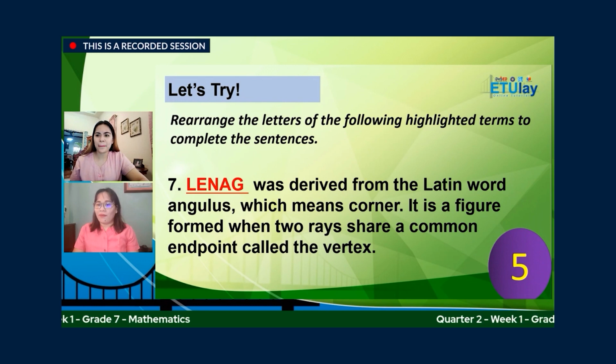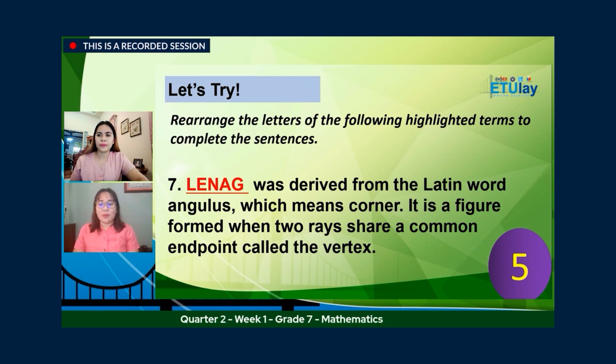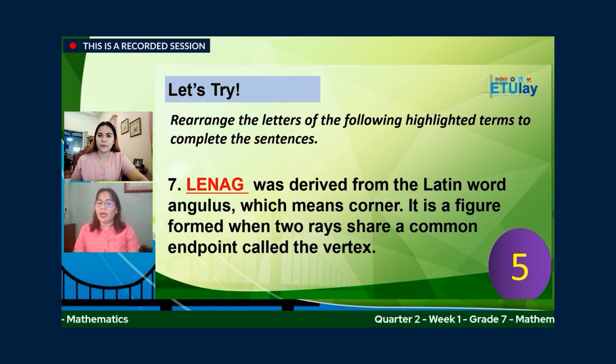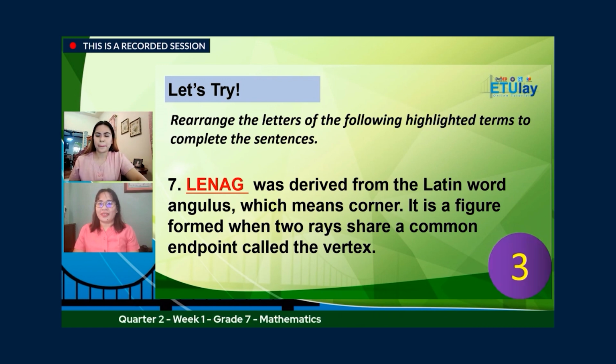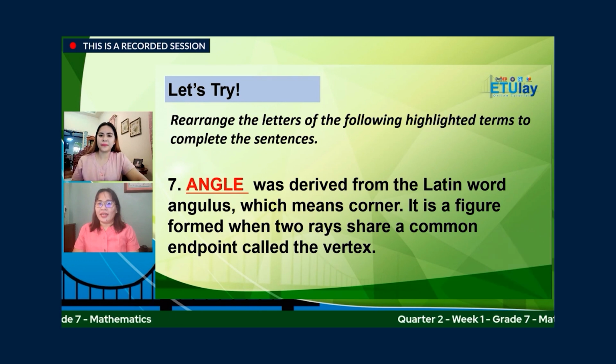For number 7, blank was derived from the Latin word angulus, which means corner. It is a figure formed when two rays share a common endpoint, called the vertex. What is the answer? Exactly.